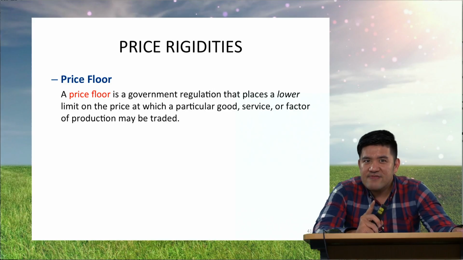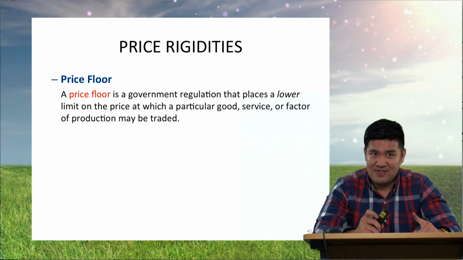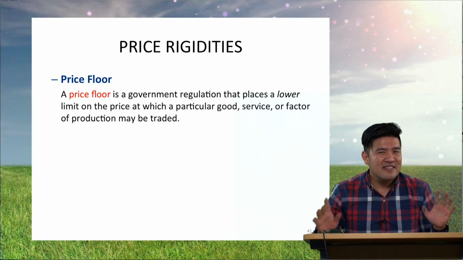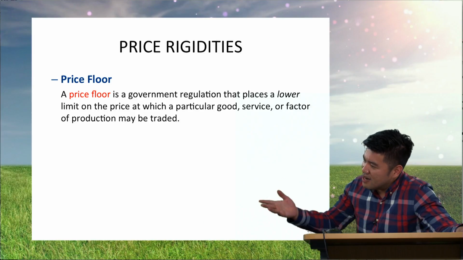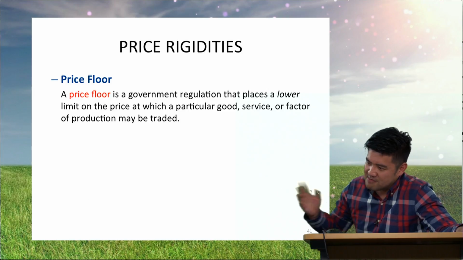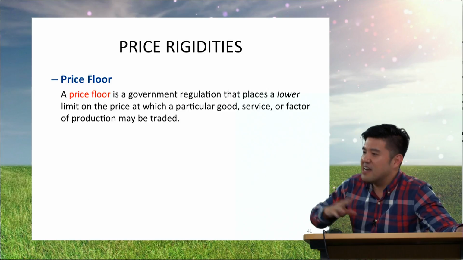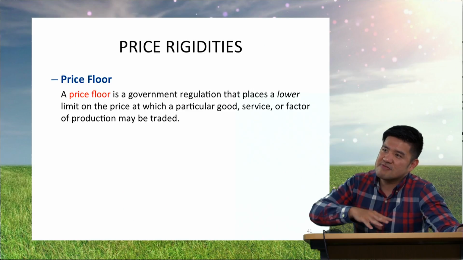A price floor is effectively a government regulation. Up to this point, we have had demand and supply, consumers and producers interacting in the market freely, so that they can adjust from one equilibrium to another.